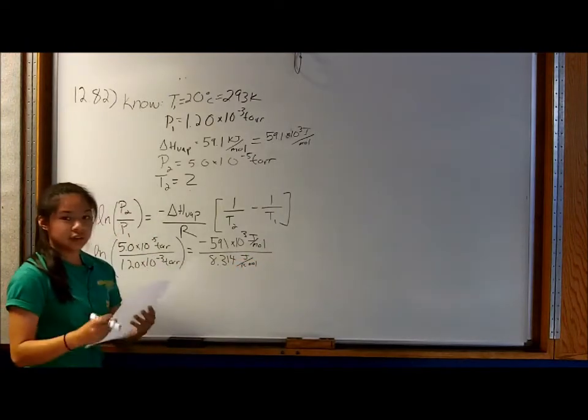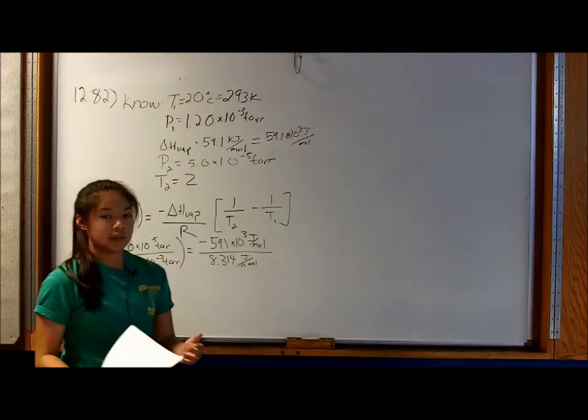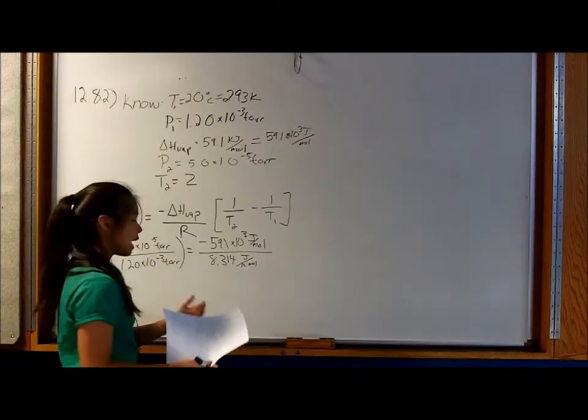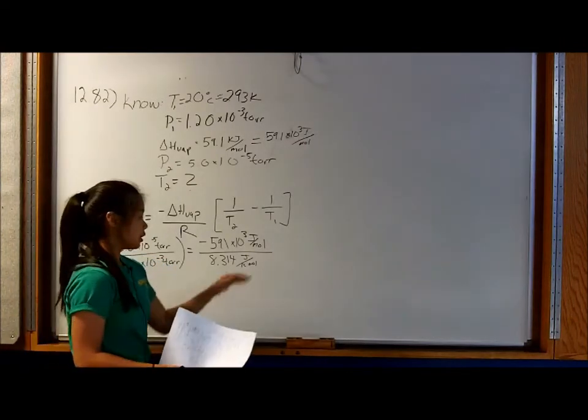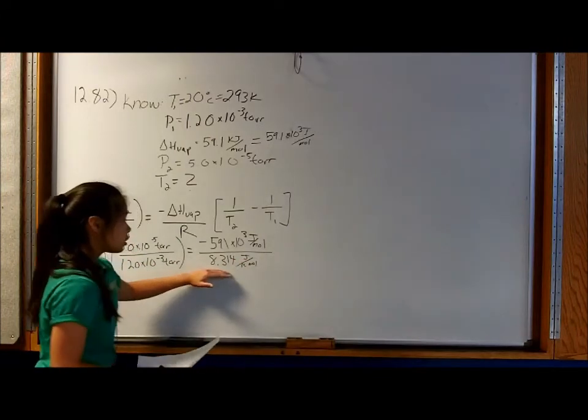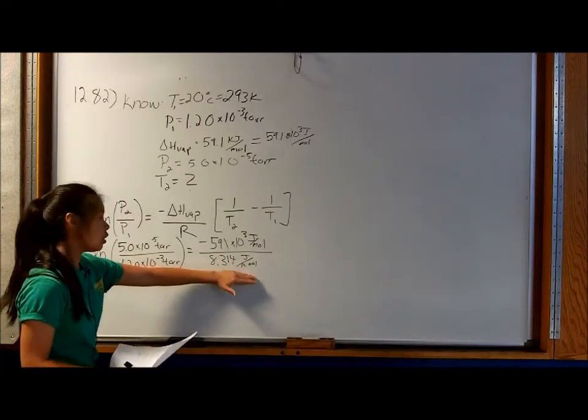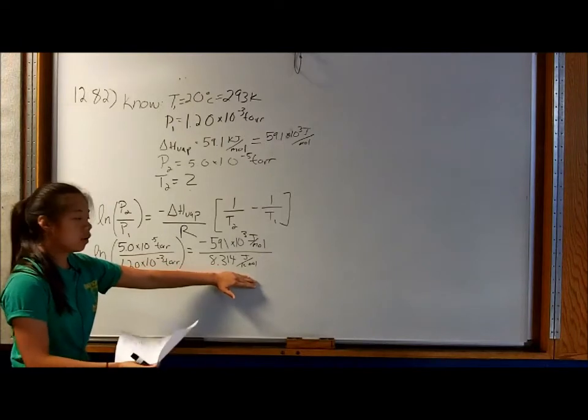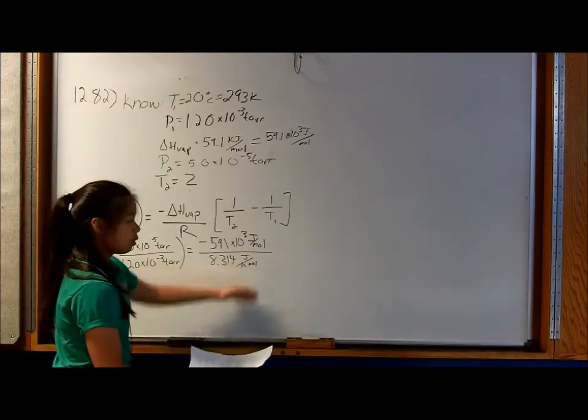And you don't use the other R value, which is 0.0821, because that doesn't have the units you need, which is joules. So for this equation, you always use the value of R, which is 8.314.